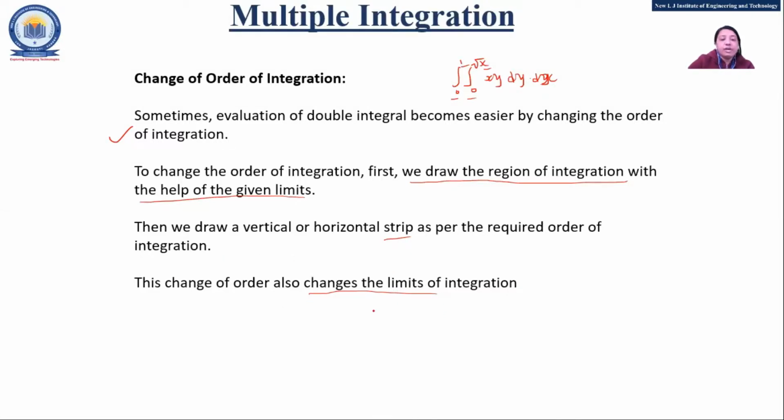So that is called change of order of integration. From the given limits, you first draw the region. After that, as per the requirement, you draw another strip, and then you decide the new limits. Okay, so that is the sequence of this one.